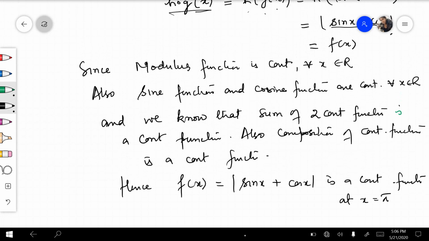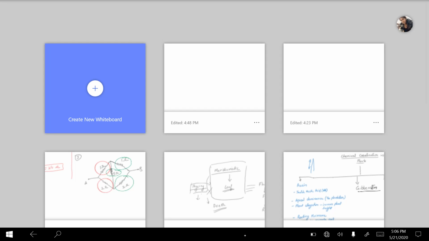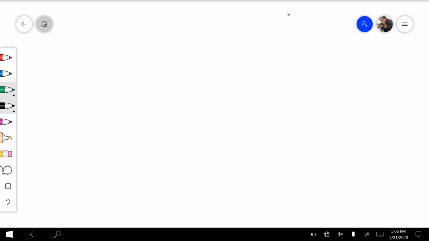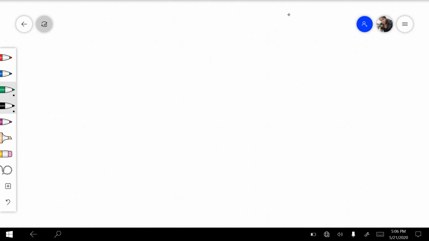Okay, let's have another example. Suppose this function is given.